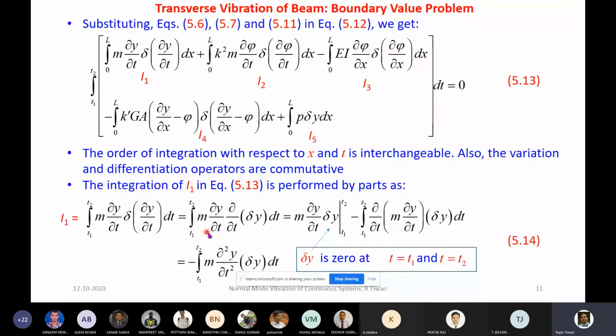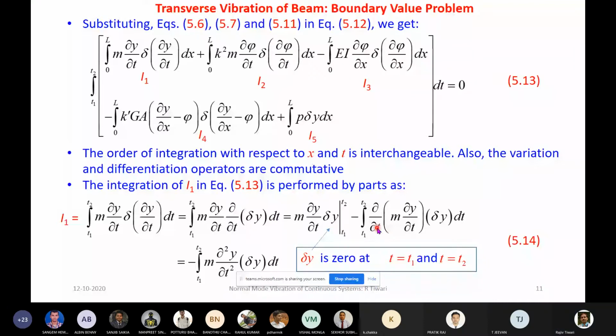Now we can do the integration by parts. The first part as it is, then the integration of the second part gives us the variation of y, with limits t1 to t2, and then minus the differentiation of the first part with respect to time. This extra term is coming, and this is the variation of y, which is nothing but the integration of this. This is standard integration by parts in one step.